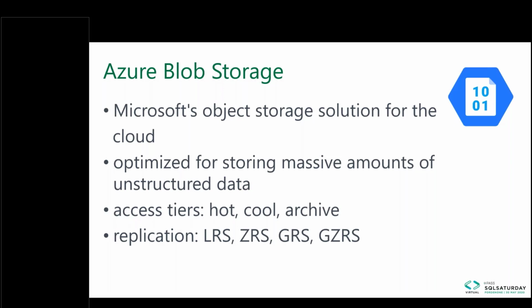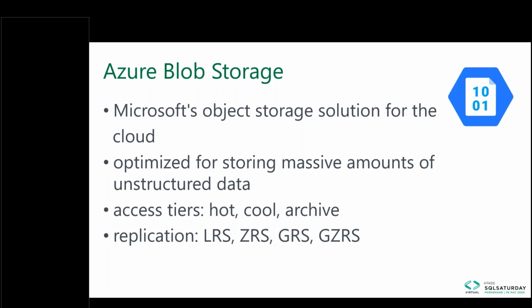There are a few access tiers: hot, cool, and archive. Choosing them depends on how quickly you can access your data, but also how expensive it is to keep it up there. There are various types of replication, and the cost of Azure Blob Storage also depends on which type you choose.